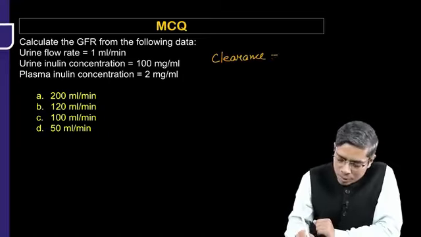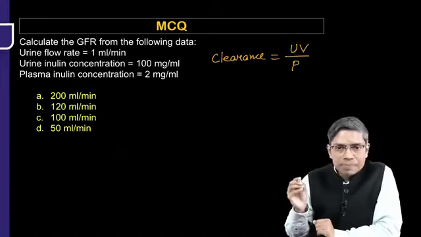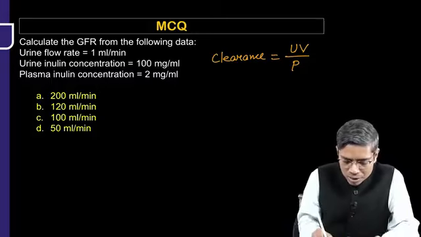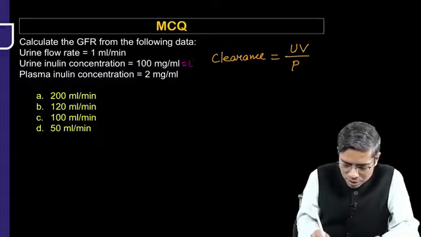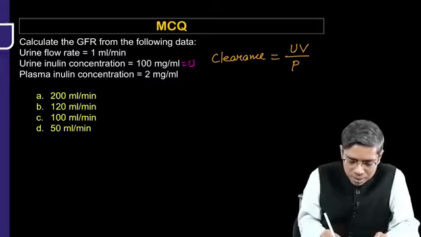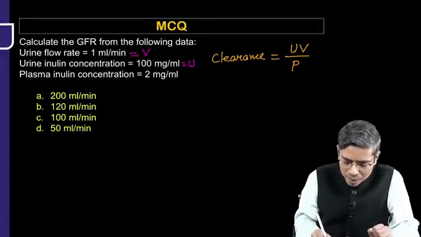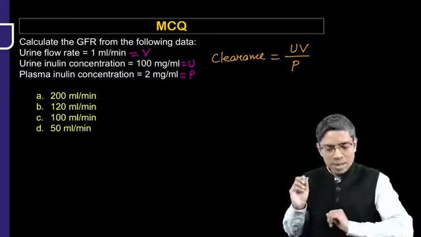The formula of clearance is UV upon P. U is the urinary concentration of the substance; here the urine concentration is given as 100 milligram per ml. V is the urine flow rate, in ml per minute. And plasma concentration is P. So these are the three parameters.